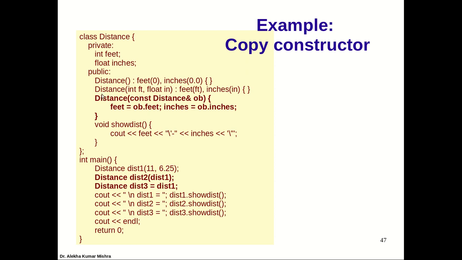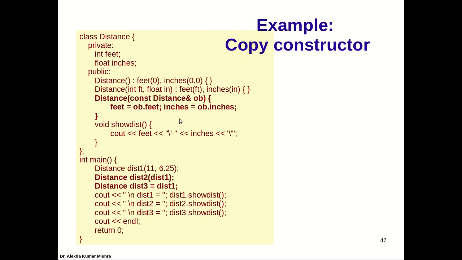Now this highlighted one is a copy constructor. Class name distance, and within the parenthesis the parameter const distance, a reference to an object of type distance to be passed. What we do generally is copy: the feet of ob is copied to feet, and the inches of ob is copied to inches of the newly created object.